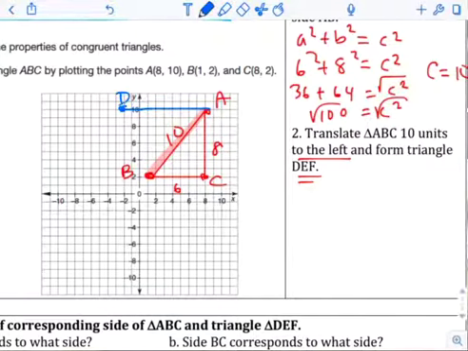That's D. E is 2, 4, 6, 8, 10 right there. E. Then F is 2, 4, 6, 8, 10 right there. F. D, E, F. Right there.